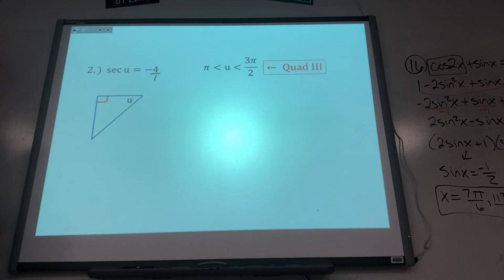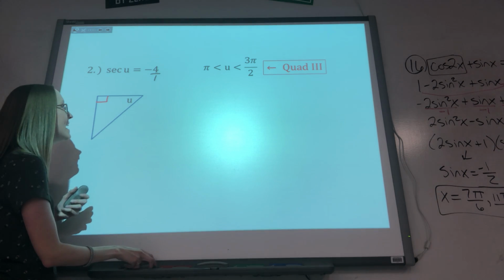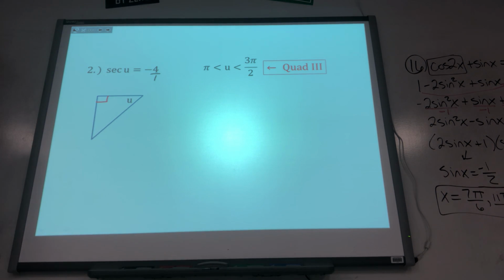But here's the part that's misleading. The negative looks like it's with the 4, but it could be with the 1 instead of the 4. It's just that most of the time we move the negative up to simplify. So I really need to pay attention to what quadrant I'm in.